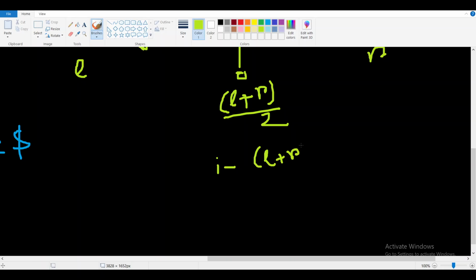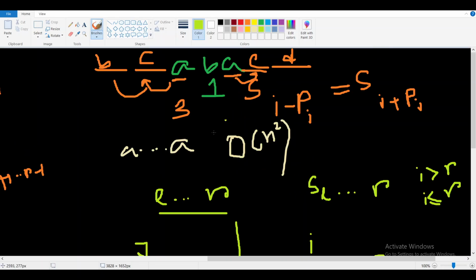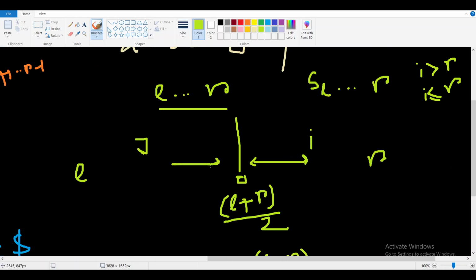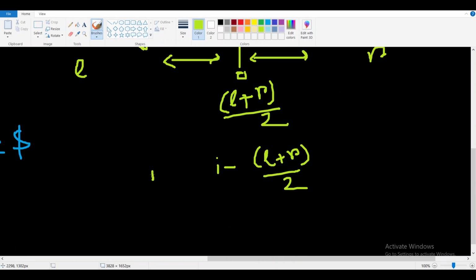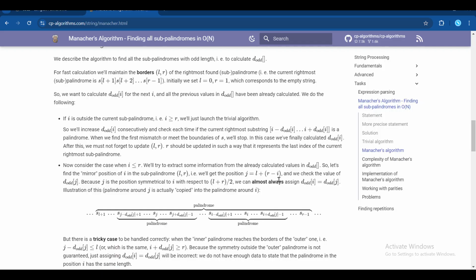We have the same distance twice, so we have to subtract the entire distance, I minus (L plus R by 2) times 2, from I. After doing that, we get J, so J will be L plus R minus I. That's what is written here: J equals L plus R minus I.